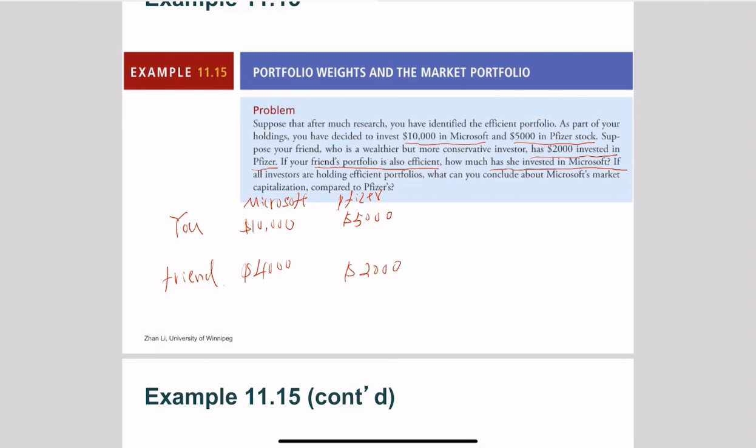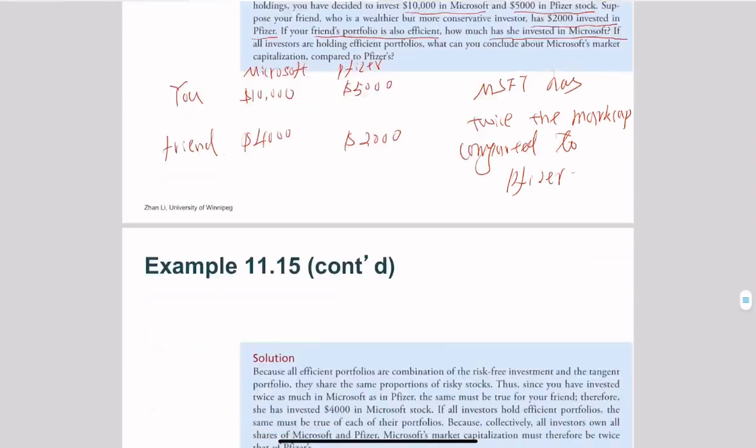So this implies that Microsoft has twice the market cap compared with Pfizer's. So the answer to the second question is Microsoft has twice the market cap compared to Pfizer. Okay, great.